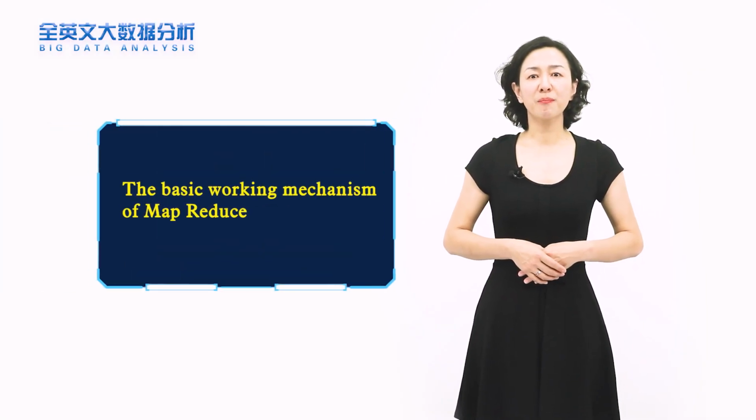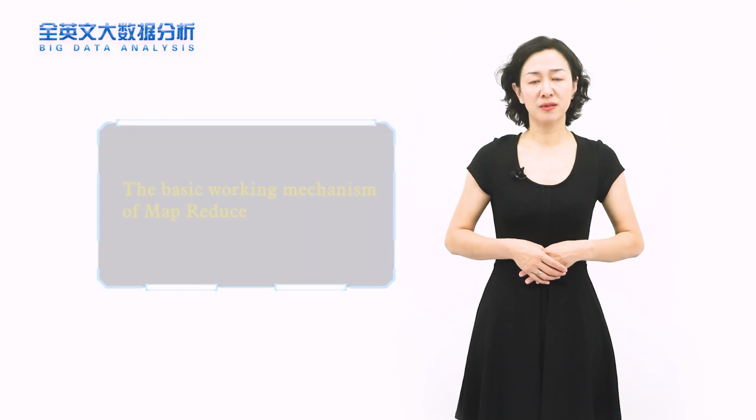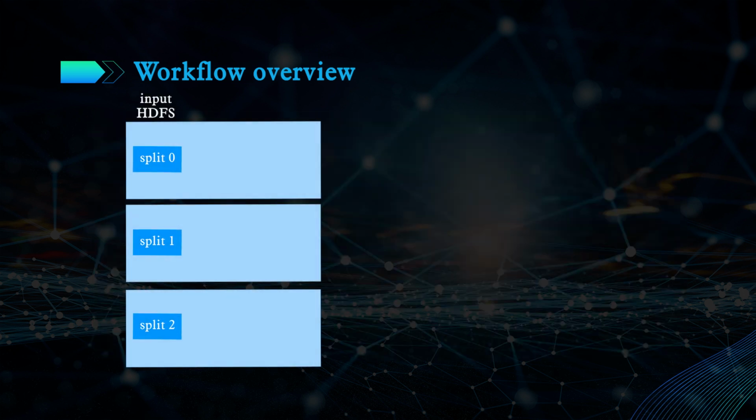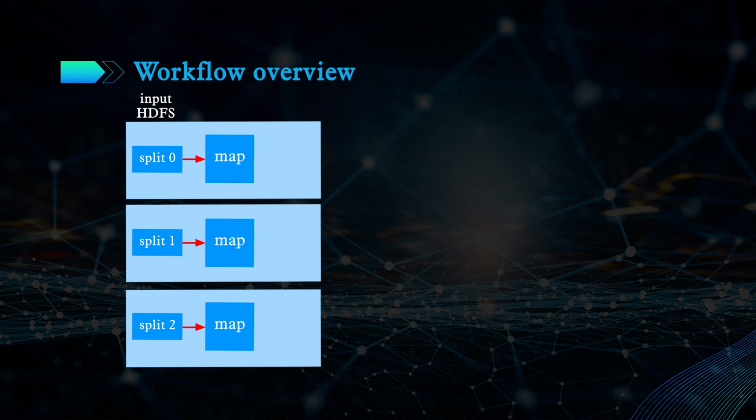From the video, we understand the basic working mechanism of MapReduce. MapReduce tries to parallelize the big computing tasks in a distributed environment to improve efficiency. The storing unit in HDFS is data blocks. Retrieve the data from HDFS data blocks, then organize input data as data splits, and feed them into the map task.